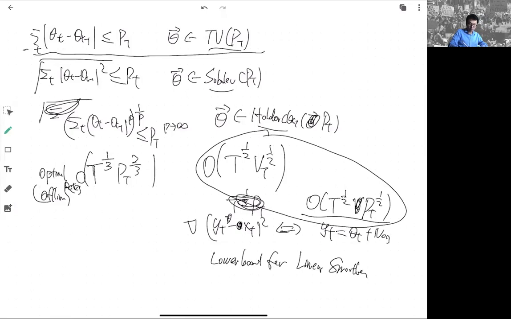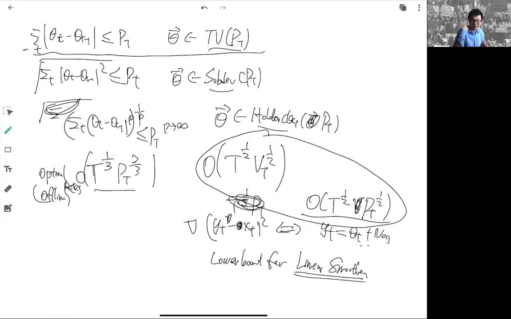Suppose you stick yourself to computationally efficient linear methods that take any linear transformation of your input observations; then this is the best rate you can hope to achieve, and you cannot get the optimal rate of t to the power of 1/3. Actually, having a t to the power of 1/3 rate in the adaptive online learning literature is unheard of for any kind of problem.